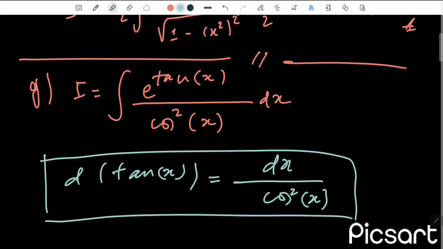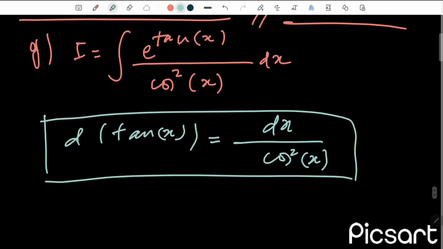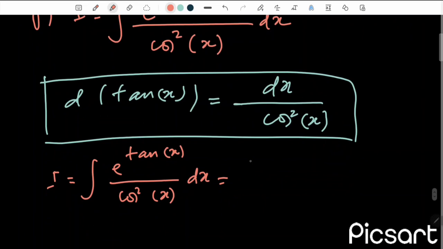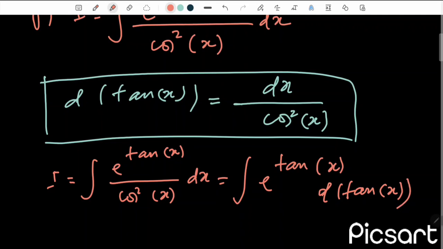Then from here we can rewrite our integral I equal to the integral of e to the power tan of x over cos squared of x dx as the integral of e to the power tan of x d of tan of x.